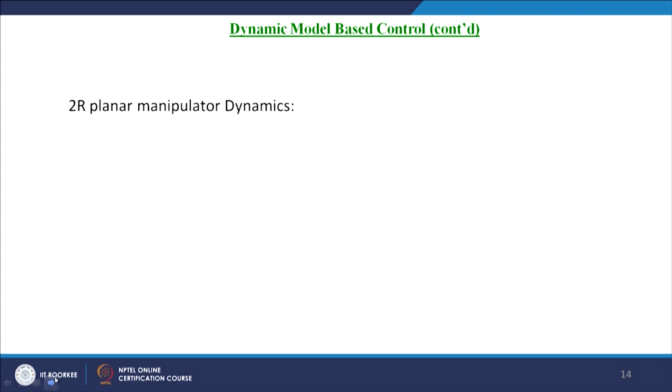And let me explain what parameters we have used for the 2R planar manipulator dynamics, so that you can also simulate that.